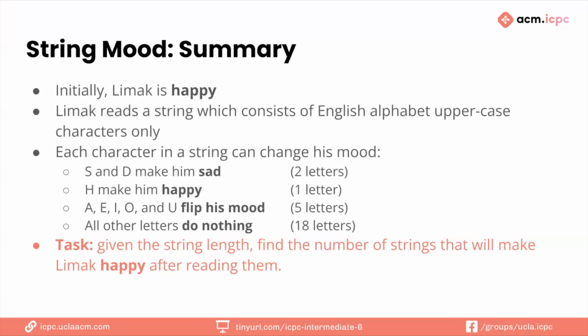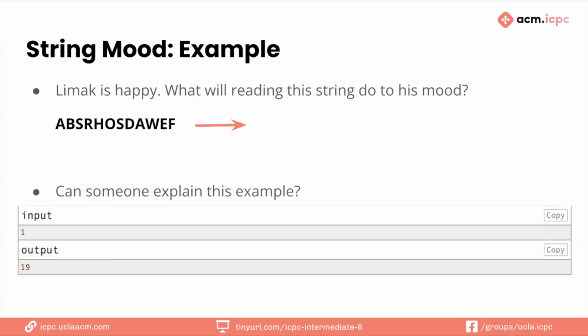It may sound a bit complicated, so let's take a look at a couple of examples to understand what's going on here. In this first example, let's consider a particular string. That's not what the problem statement asks, but this will help us understand what's happening with the mood swings of Limak. So we consider this particular string, assuming that he's happy initially.